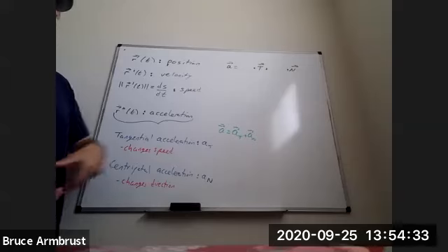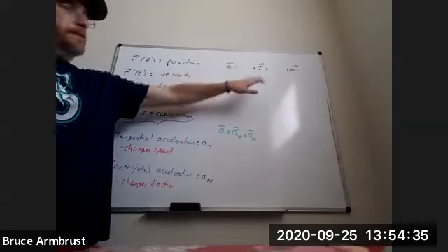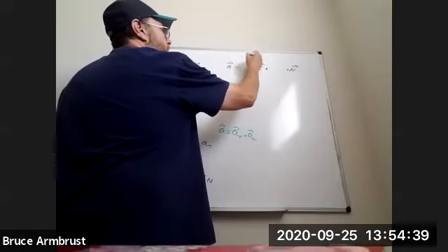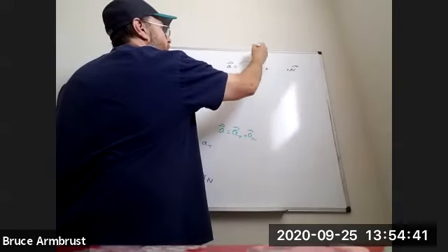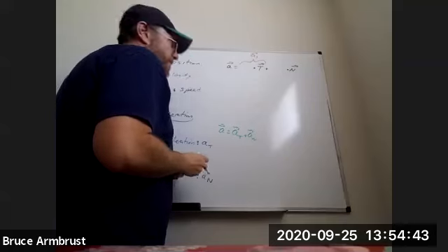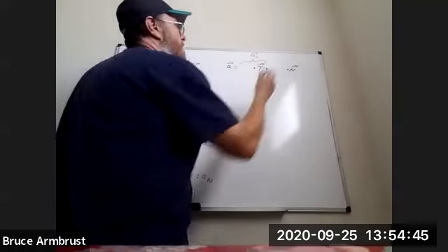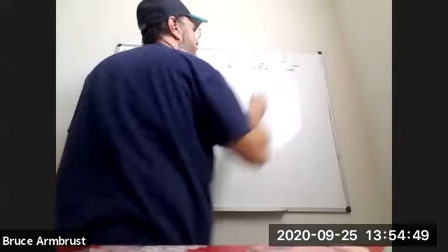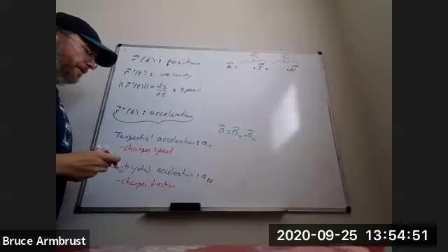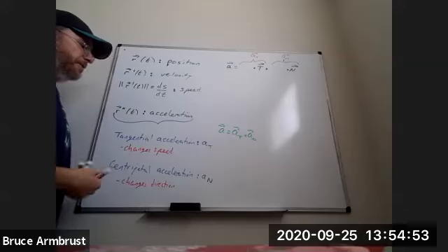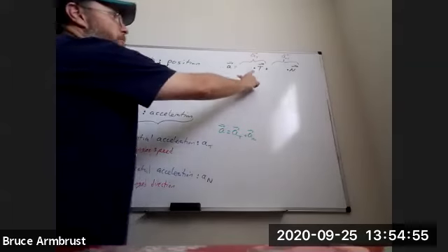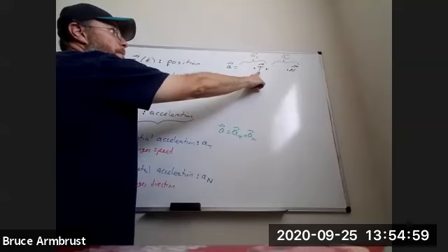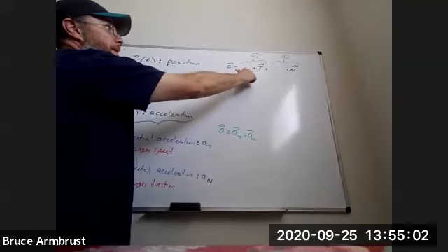So basically, this is going to be a sub t once we figure out what the magnitude is. And then the other one's going to be a sub n. Right? Because if the tangential acceleration is tangent to the curve, it points in the direction of the unit tangent vector. We just have to figure out how big it is.